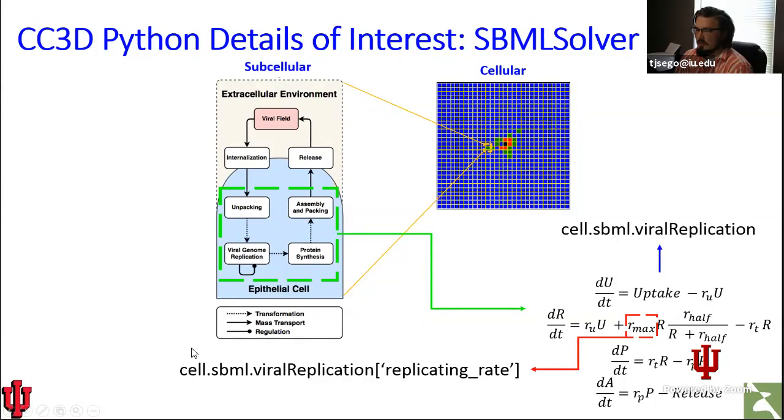You can see this is for a particular cell, accessing the SBML solver, then the viral replication model for that cell, and then the name of that coefficient that we're interested in, which is replicating rate. So we'll do this a little bit today. This is how this is done on a cellular basis.